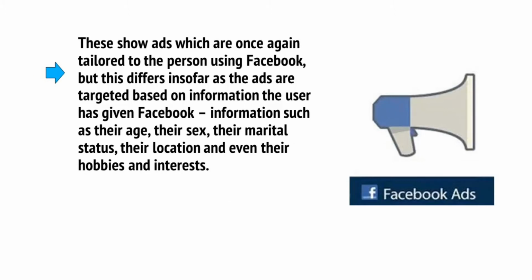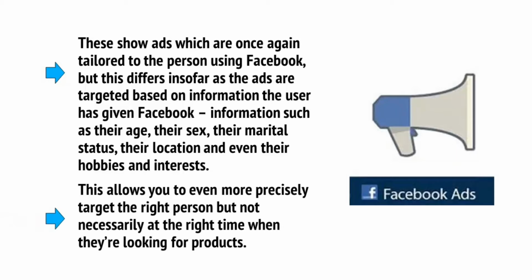But this differs insofar as the ads are targeted based on information the user has given Facebook. Information such as their age, their sex, their marital status, their location, and even their hobbies and interests. This allows you to even more precisely target the right person, but not necessarily at the right time when they're looking for products.